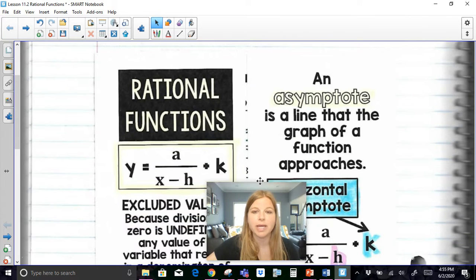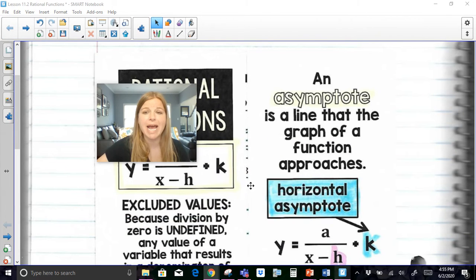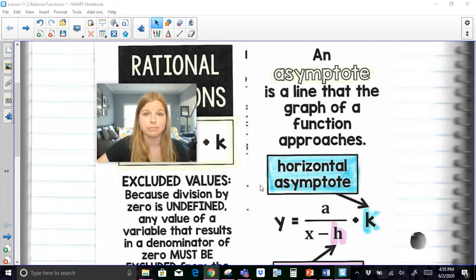Okay, next skill that we have to learn about is an asymptote. Everyone say asymptote. Asymptote. Yes, asymptote. An asymptote is a line that the graph of the function approaches. It's really, really close to it. Now, we've learned about asymptotes before, but we never really actually spoke about them yet formally.